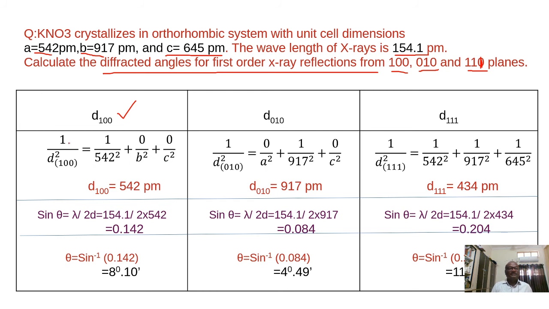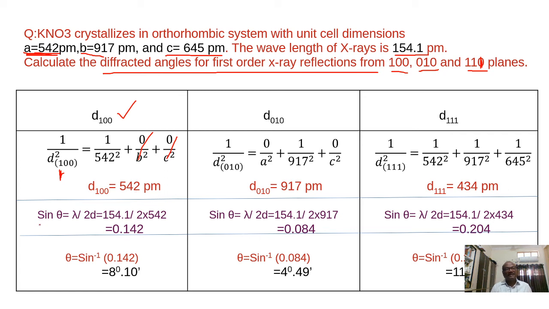So let us substitute for D100: 1 divided by A value, which is given to us, 1 by 542 square plus K, the Miller index is 0, by B square plus 0 by C square. These two become 0. So D100 is 542 picometers. You got it.